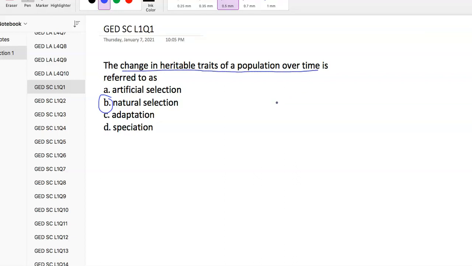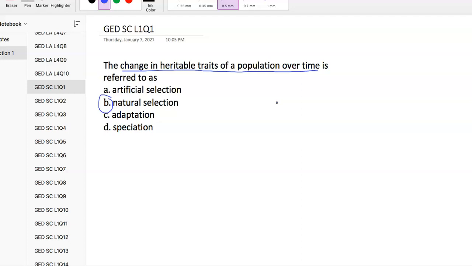Connecting the term change in heritable traits of a population over time to natural selection is really important. With natural selection, you're looking at the reproduction of individuals due to differences in their phenotype. The phenotype just means observable characteristics.